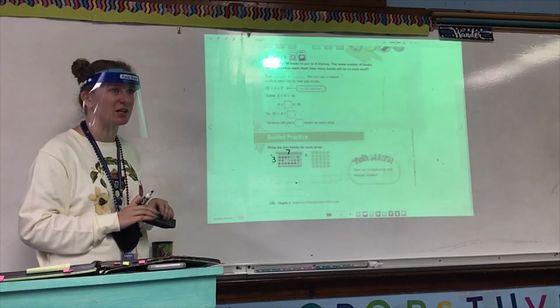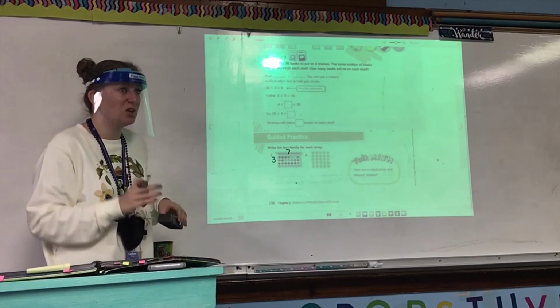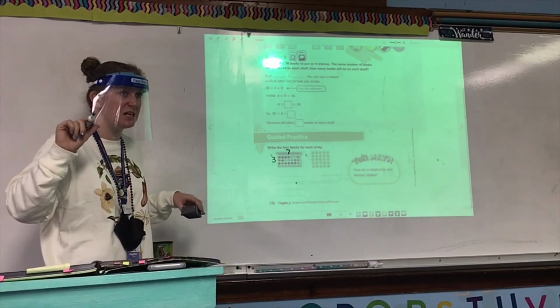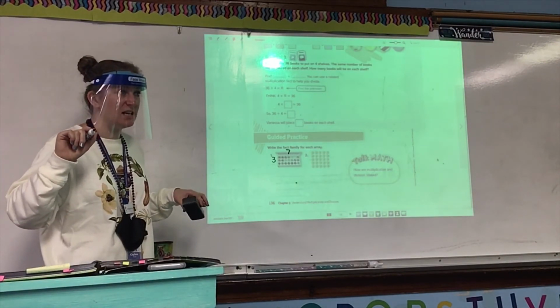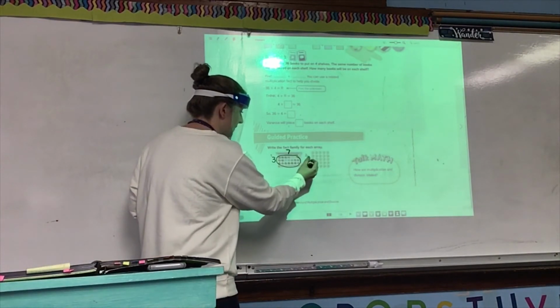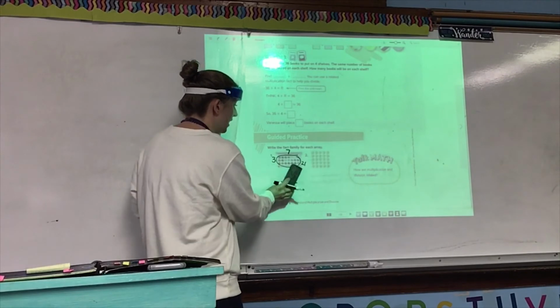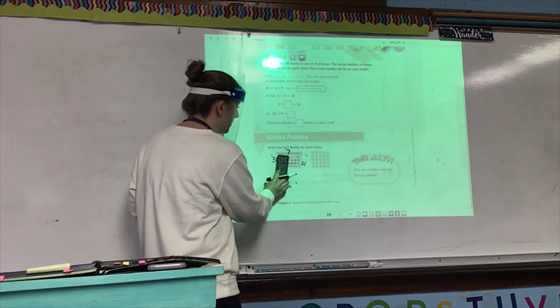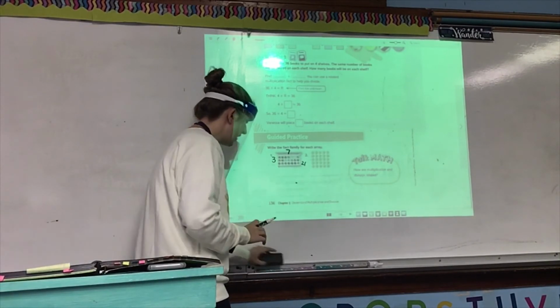So what's 7 times 3? We could count them, but that would take longer than just saying 7 times 3 is, Zadie? 21. So we know the total is going to be what, Michaela? 21. So that means we're going to use these 3 numbers to write a fact family.